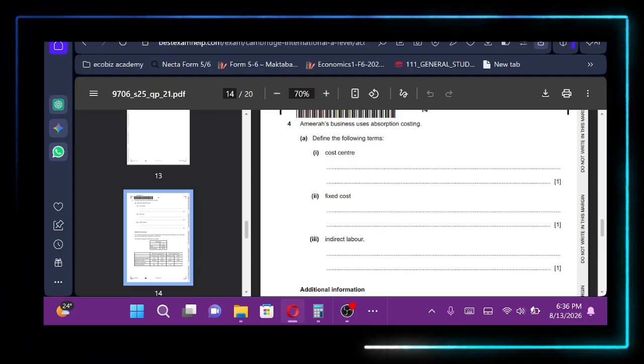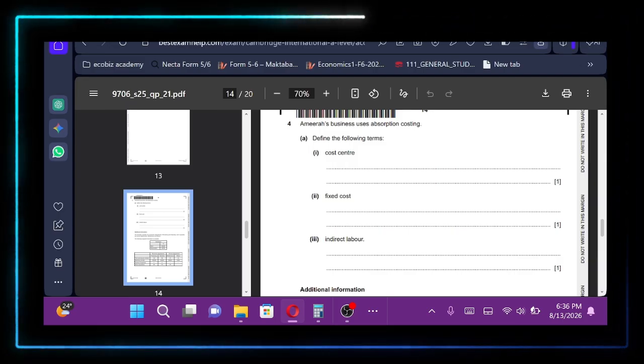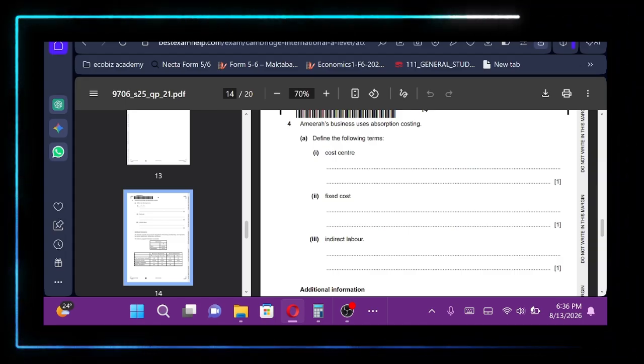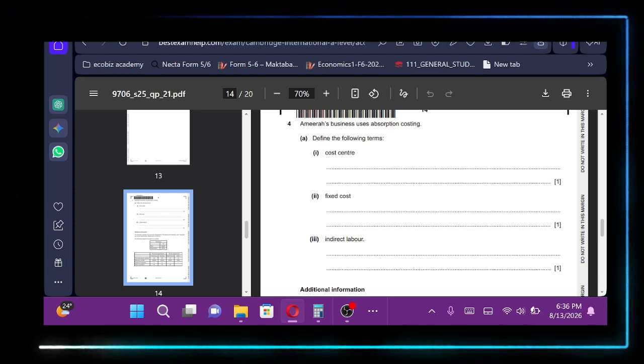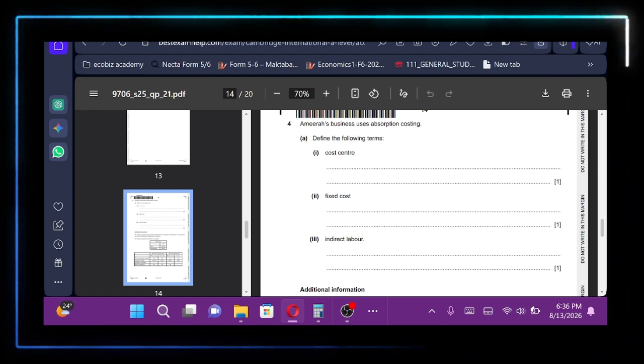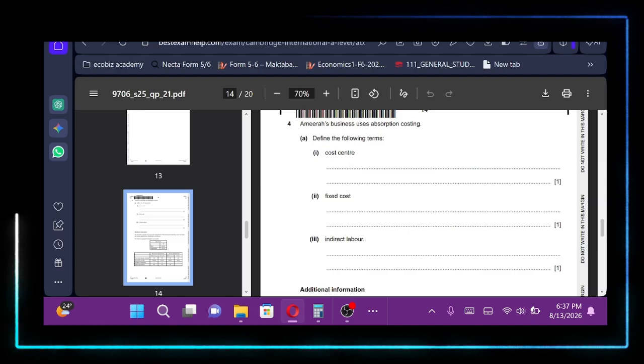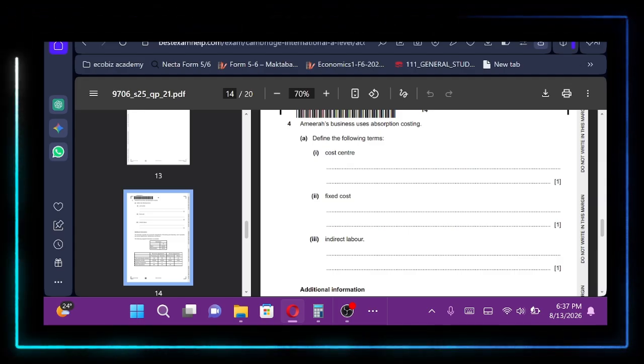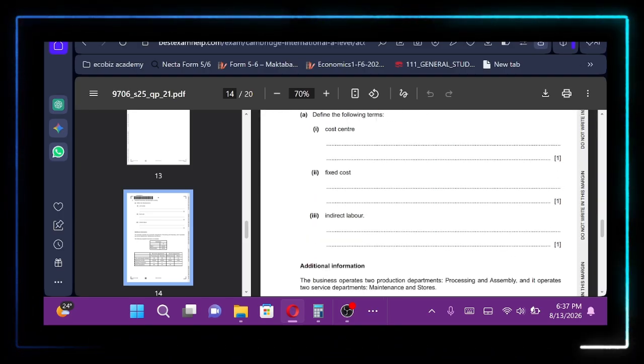Where are we going to manufacture the bricks if we don't have our own place? So we're going to have to rent somewhere. Even though we don't have high output, we still have to pay a fixed amount of rent. So rent is an example of fixed cost.